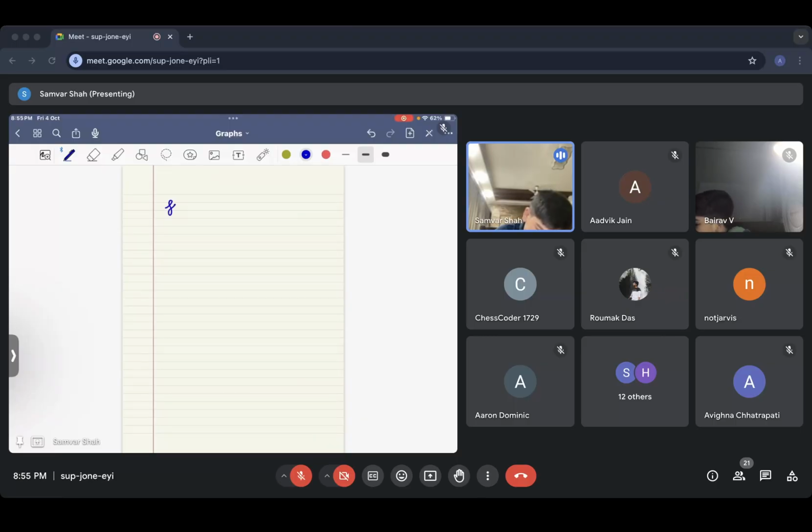So the way you do this is: for each node, if not visited, BFS on that node. Quite a simple method. Does this make sense to everyone?